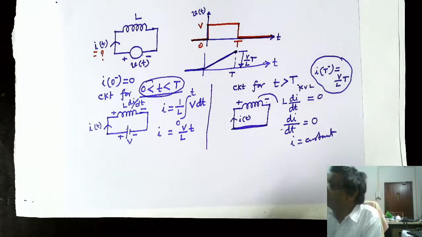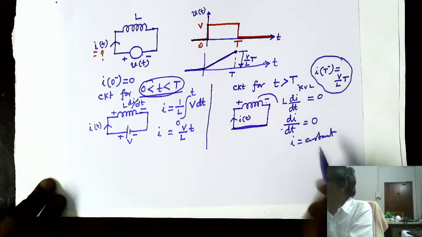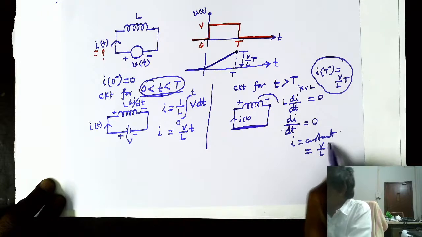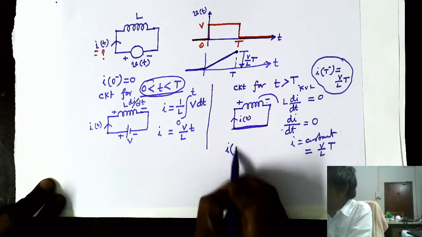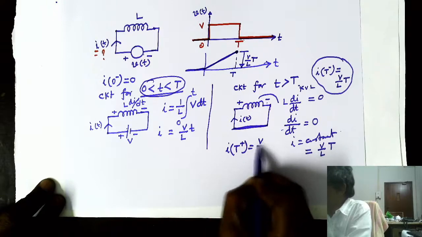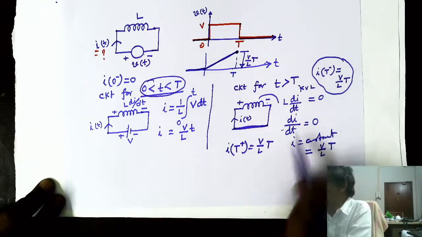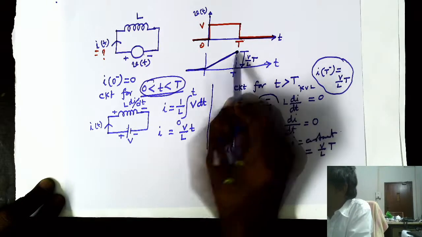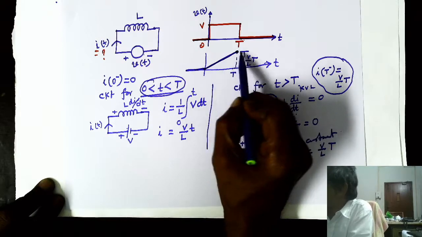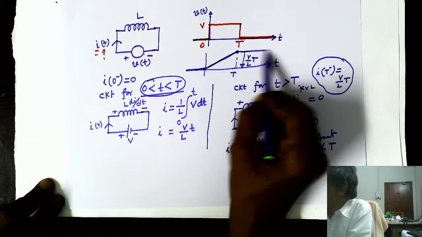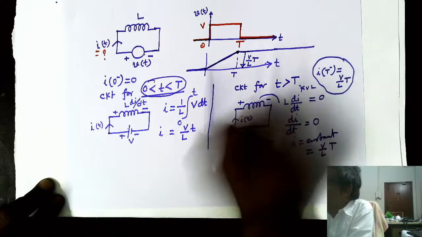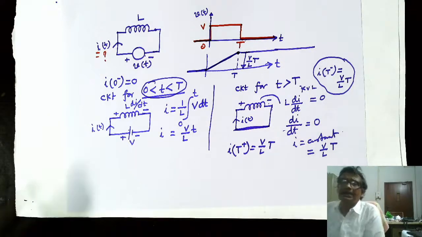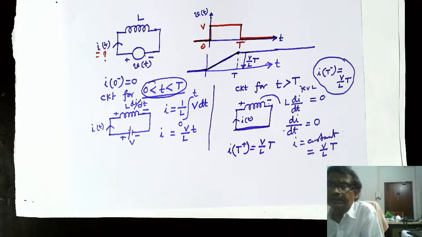So this constant will be nothing but V by L into T, because i(T plus) has to be V by L into T, and it has to be a constant beyond t equal to capital T. So what will happen is this inductor current will linearly grow up, and after that it will be a constant steady current, of magnitude V by L into capital T.